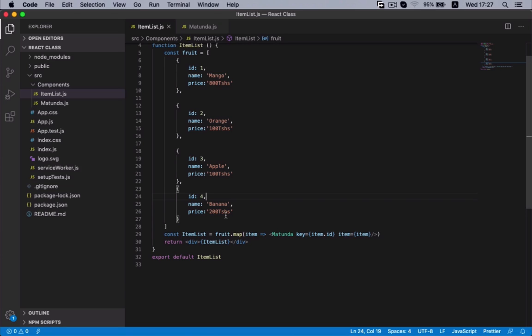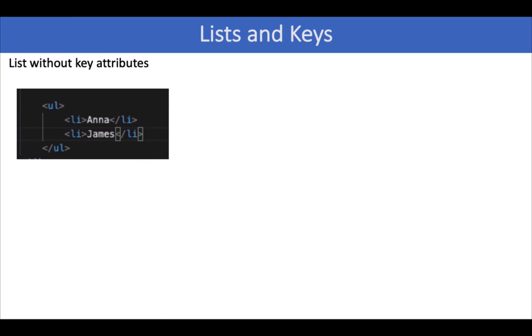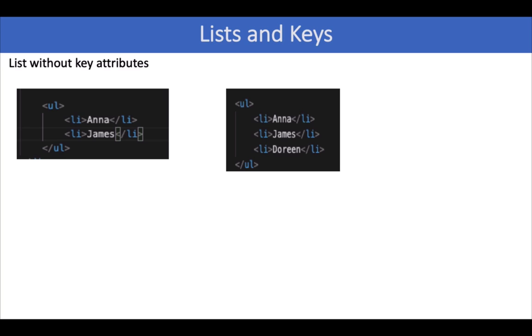Let us go and see a list without the key attribute. We have two items to begin with: Anna and James. Now we need to add another listing, which is Doreen. How React handles the update is by iterating over both listings at the same time and generating a mutation.